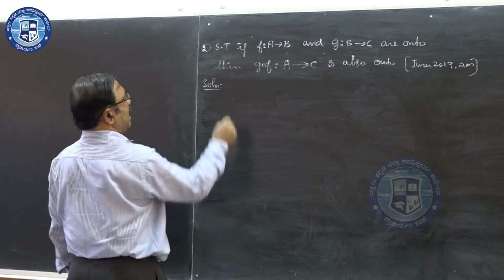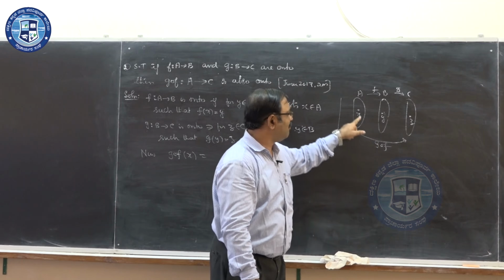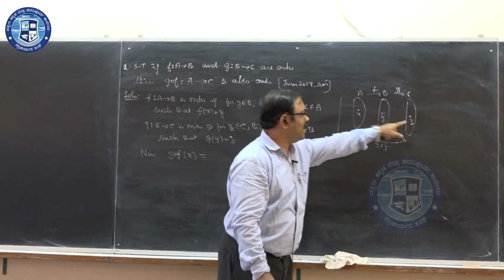Now g composite f, we have to prove that g composite f, from A to C, is onto. So I have to prove that g composite f of x is equal to z.